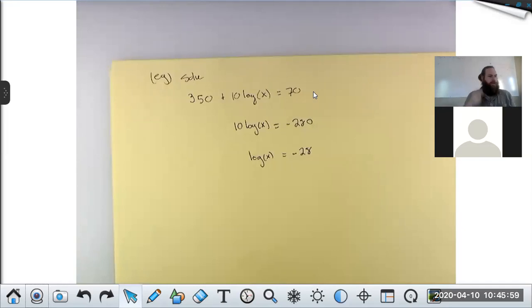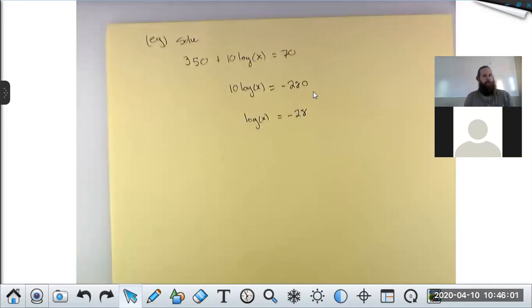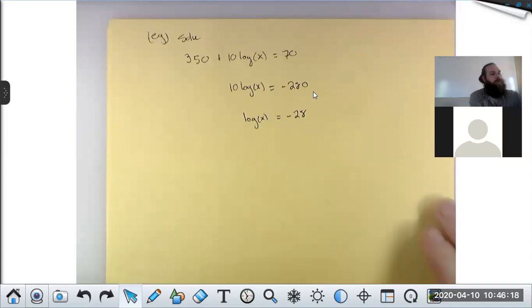What do I do from here? This is the kind of new step, the kind of important step, one that we've mentioned a couple times today. I want to exponentiate.